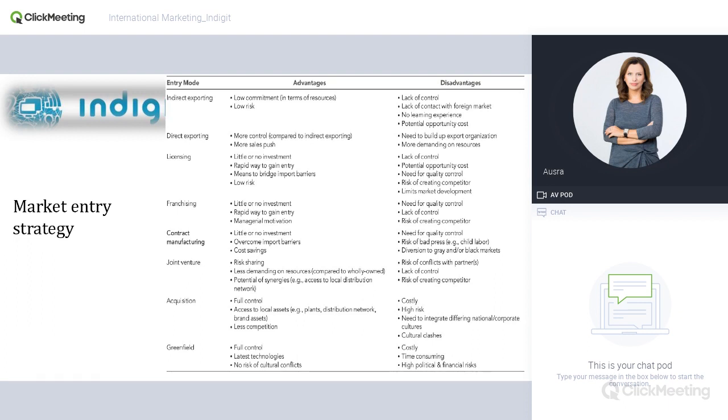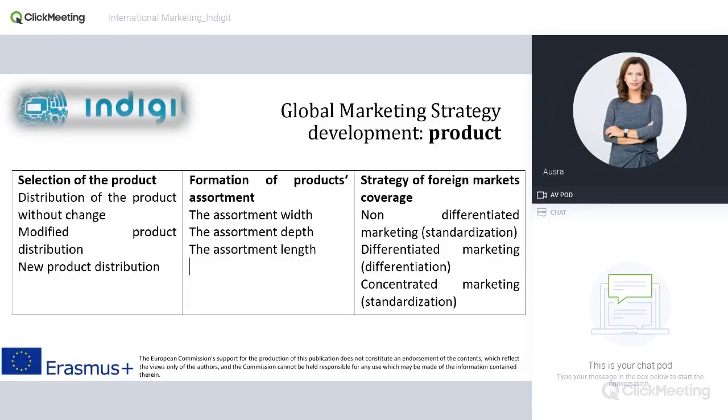For example, in the case of indirect exporting, the main advantages are low commitment and low risk, but the disadvantages are lack of control, lack of contact with the foreign market, no learning experience, and potential opportunity cost. In the case of franchising, the situation is different.